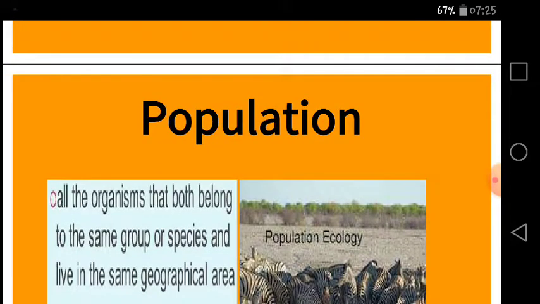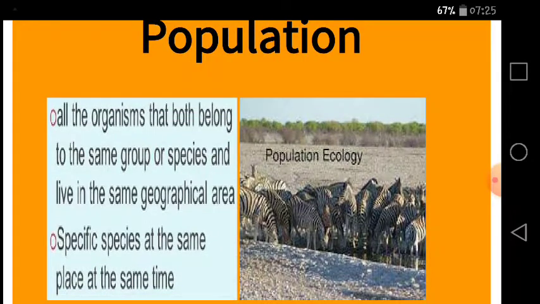Now we are focusing on the population. Population means all the organisms that belong to the same group or species and live in the same geographical area. And one more thing which is very important regarding the population: specific species at the same place at the same time.